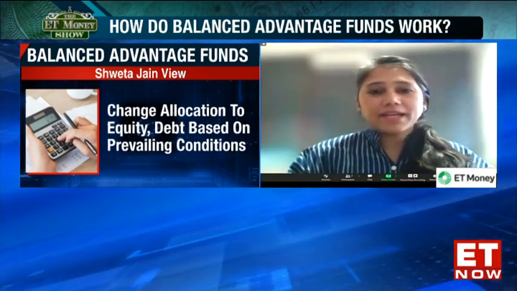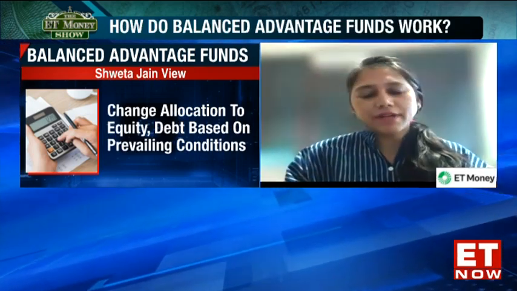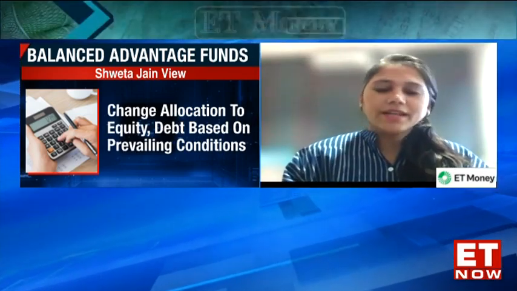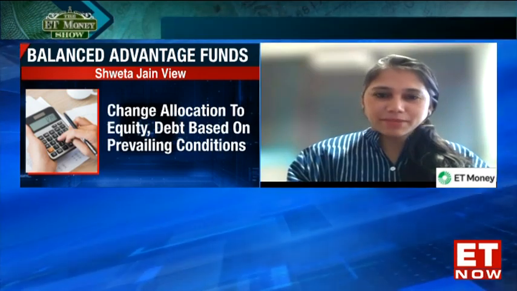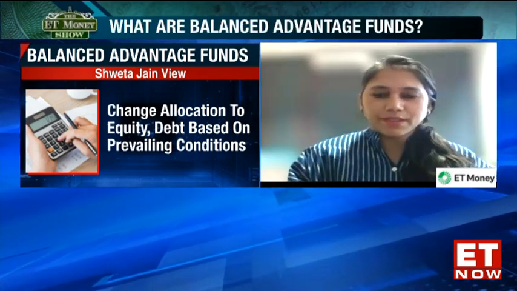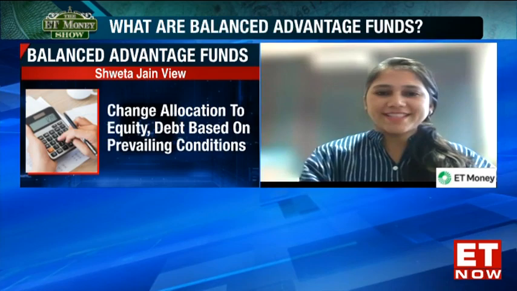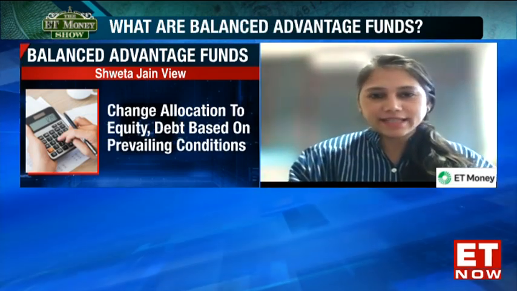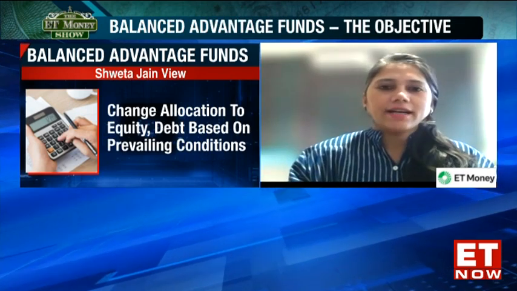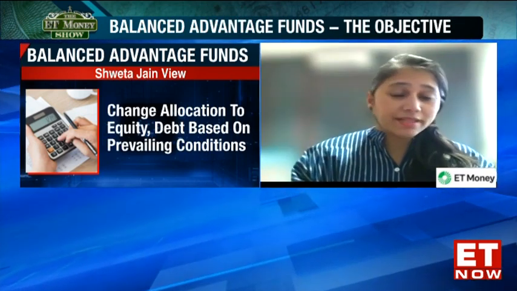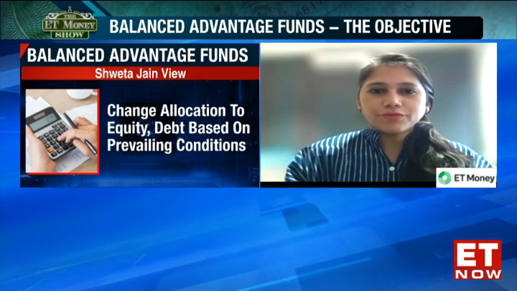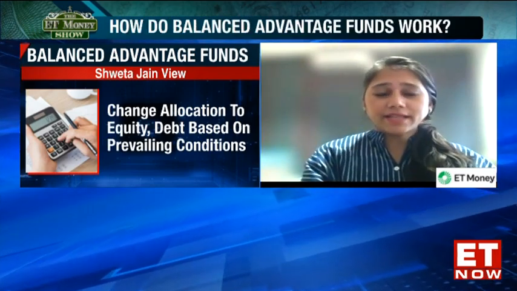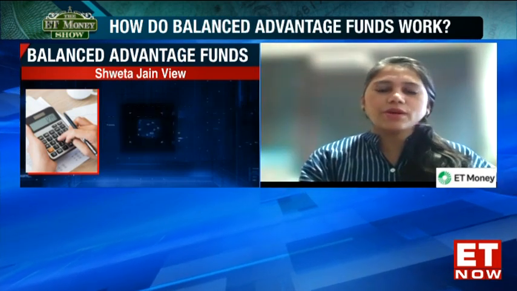But dynamic asset allocation or balanced advantage funds, as they're popularly known, are quite interesting because they have the freedom to move towards either end of any asset class. What I mean by that is, you could move towards almost 100% equity, or you could move towards 100% debt, depending on what your views on the market are.